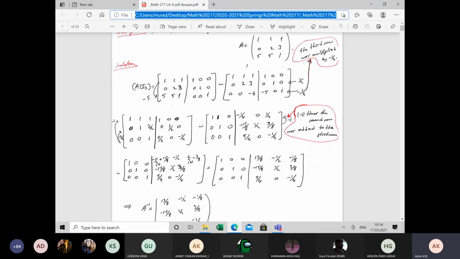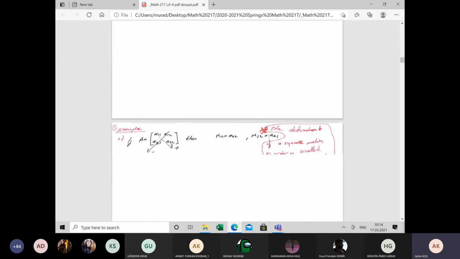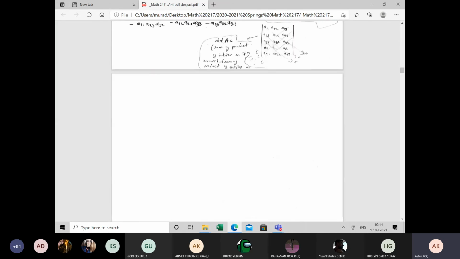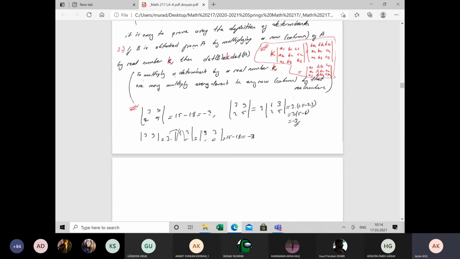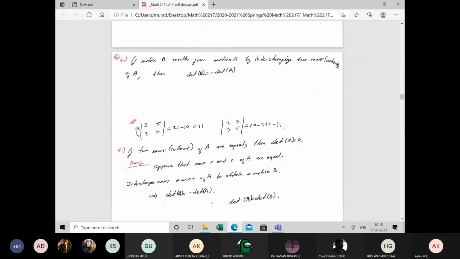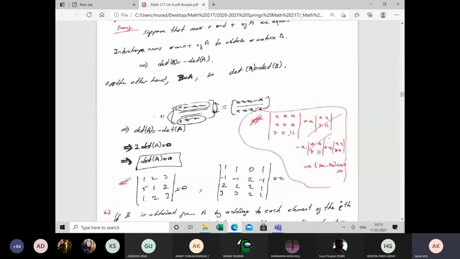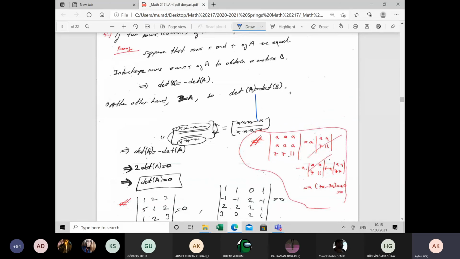So what are these real numbers? For example, alpha is equal to minus alpha, so alpha should be 0. Otherwise, we get a contradiction. This is our matrix A, and this row is equal to this row.